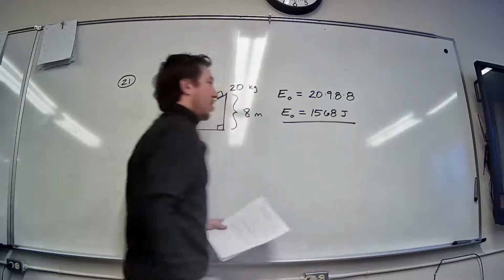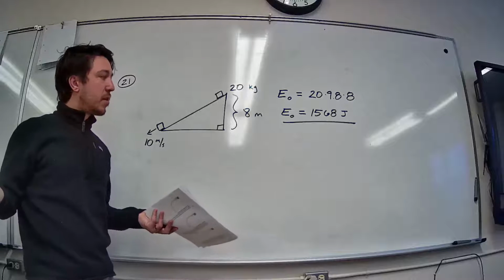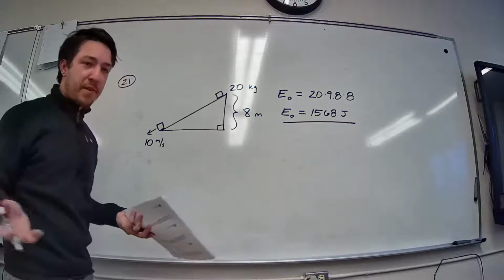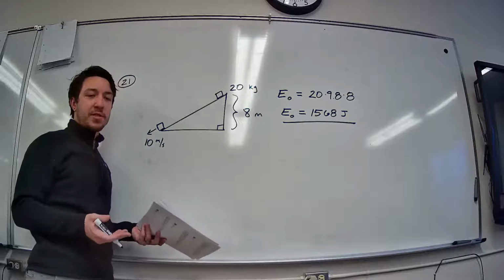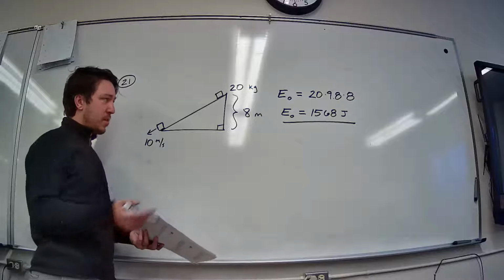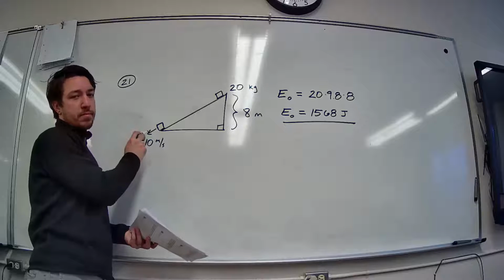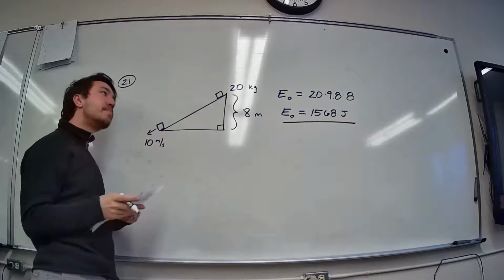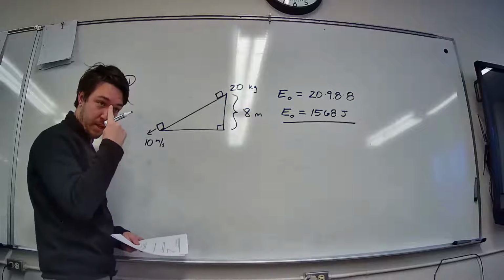All right. Hopefully there's no questions there. Straightforward calculation, right? So how much in a perfect world, a frictionless, airless, heatless world, how much energy would there be down here? 1568. So let's do the calculation. How much energy is there actually?